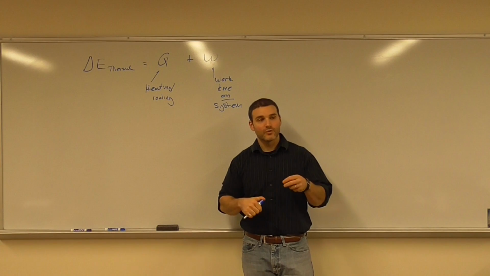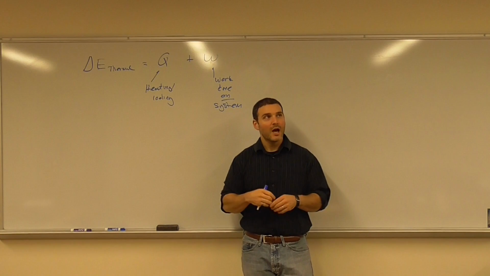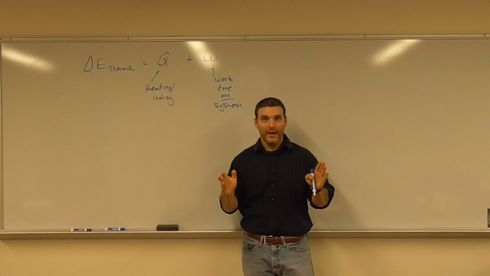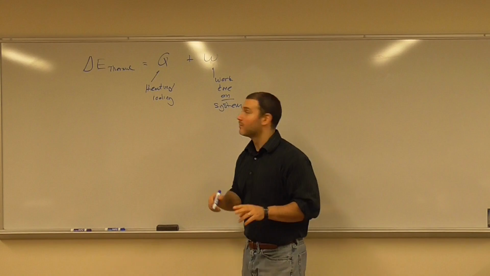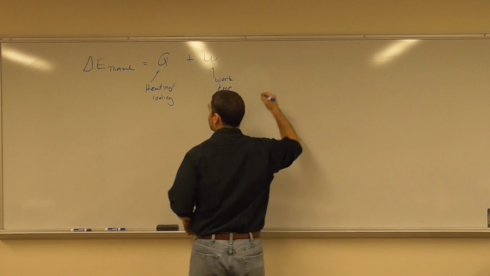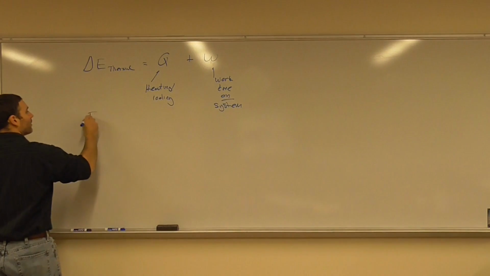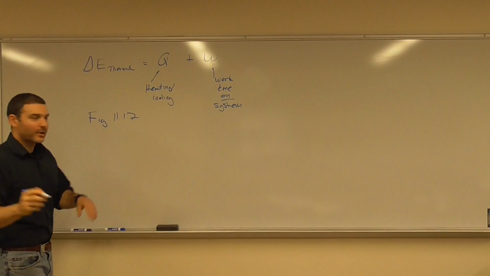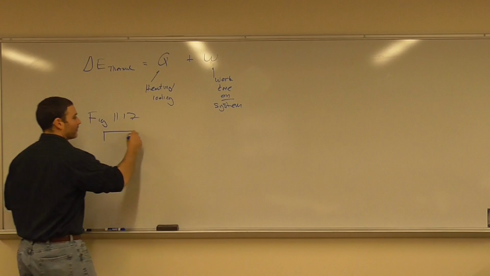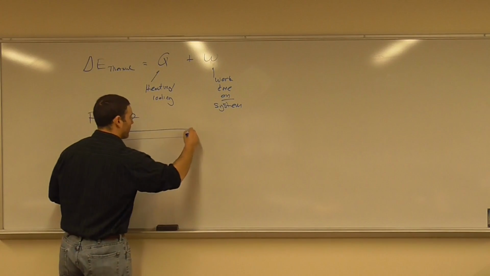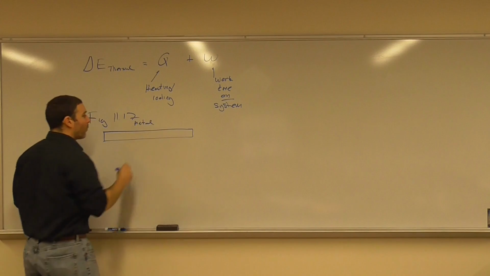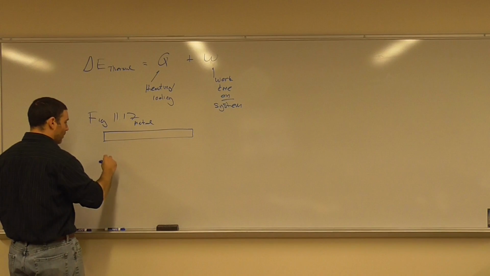As you start trying to conceptualize these things, I like heating of a bar. So I like figure 11.17. I just kind of want to reproduce bits of it here. Here's what we have. We have a rod, some kind of a metal rod. And what happens is we heat one side.